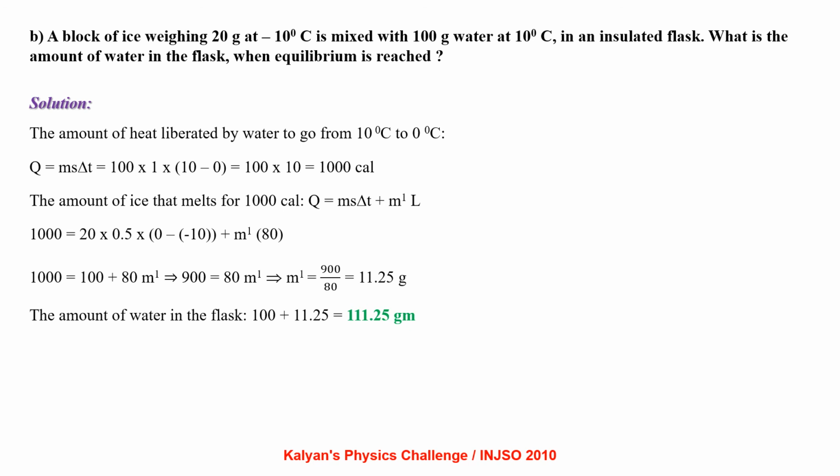So for melting ice we have to bring it to 0 degrees centigrade first, and then it absorbs latent heat. So the final amount of water present in the flask is 100 grams of water which we have taken plus 11.25 grams of water which is formed due to melting of ice, equal to 111.25 gram.